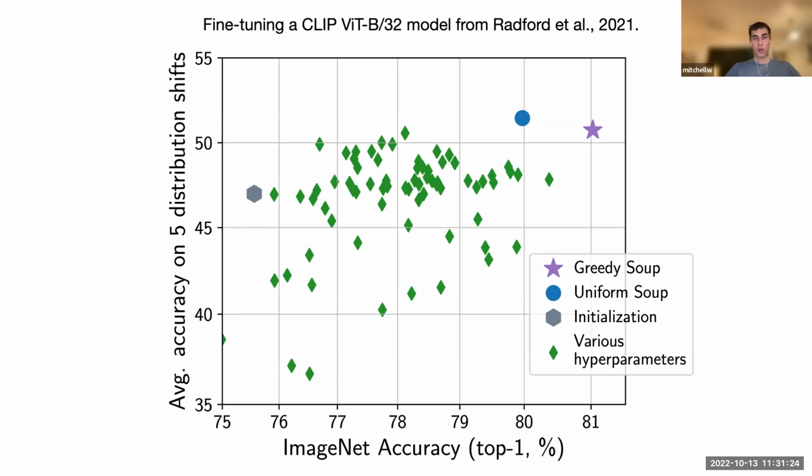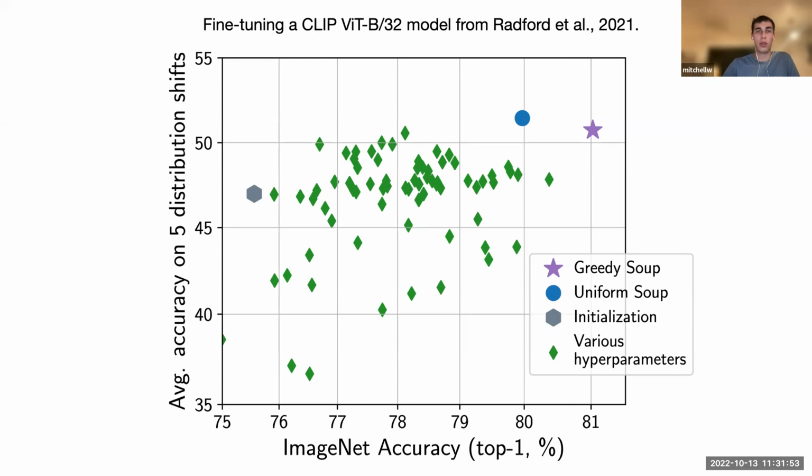So that's what the results look like, which is good because we're able to produce a better model without any cost during inference. Since we're just averaging the weights, it's not like a traditional ensemble, meaning it's not more costly at inference time because we only have one model at the end of the day. So this is fine-tuning a CLIP ViT-B/32 model.